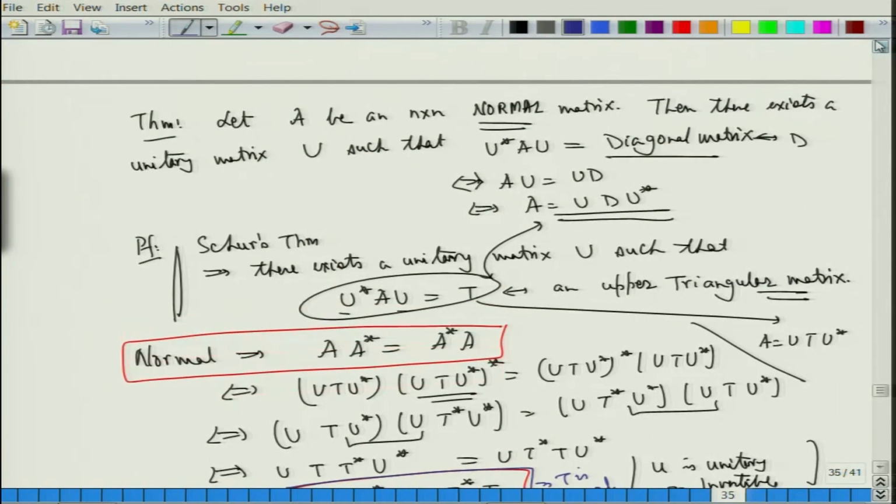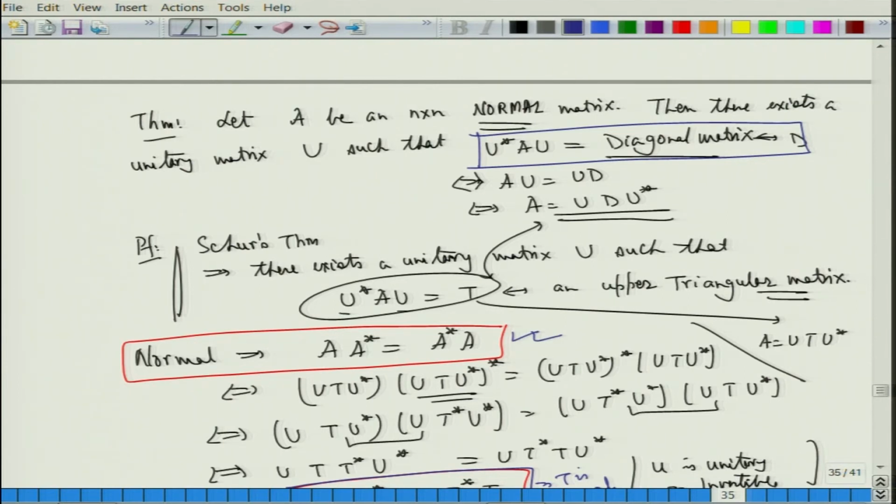Therefore we have proved that if A is a normal matrix, which implies that A A star is A star A, which implies T star T is equal to T T star, and hence U star AU is a diagonal matrix. So for any normal matrix, diagonalization is true, and this is one of the most important results that we have here. We will look at its applications now.